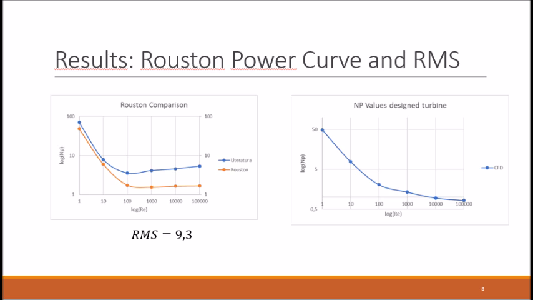We see that for higher Reynolds, we have a decreasing power number. And to be able to measure the misfit between the two approximations, we calculated the root mean square. We obtained a root mean square of 9.3.